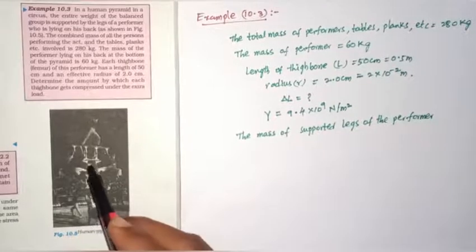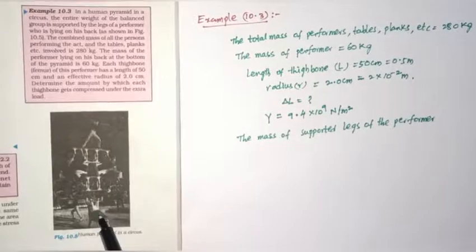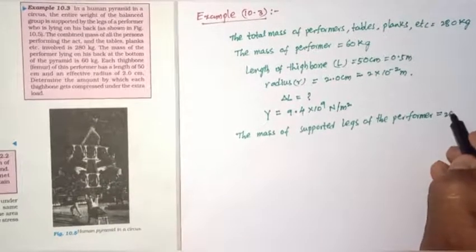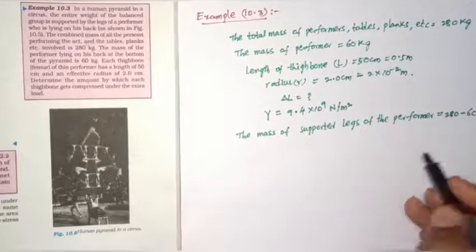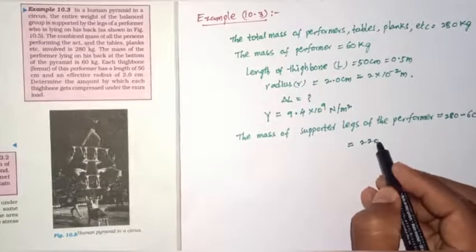Okay, so the total mass minus performer equals 280 minus 60, which equals 220 kilograms.